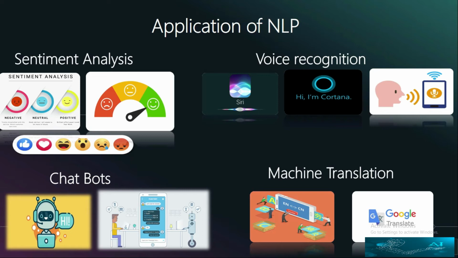Now we have speech recognition, and here we are also talking about the voice assistants like Siri and Google Assistant and Cortana. And the process behind all of this is also because of natural language processing. Machine translation is also another use case of natural language processing, and the most common example for it is Google Translate, which uses NLP to translate data from one language to another.